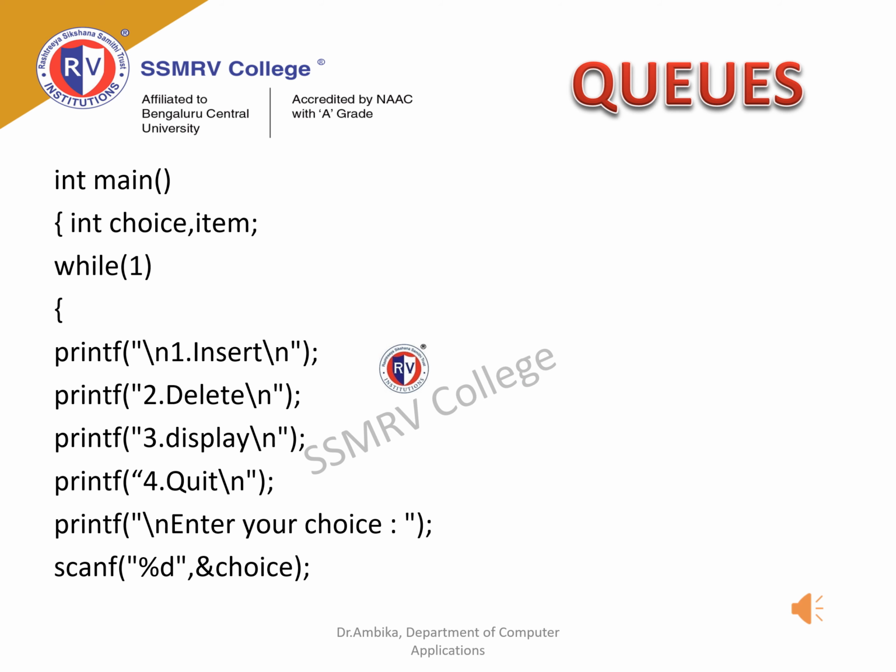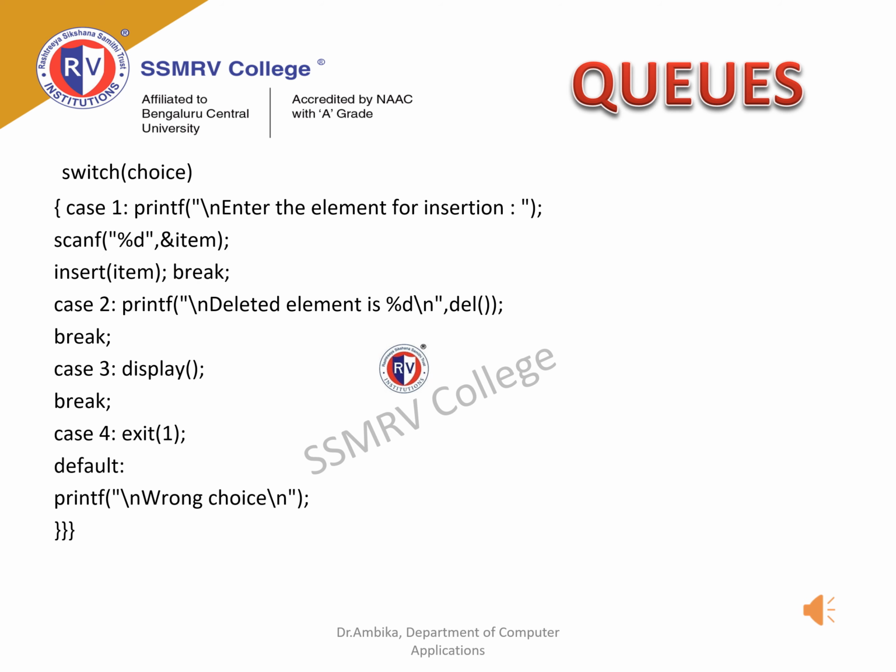In the main function, the operations to be performed are listed. The user is prompted to make his choice. The value entered by the user is stored in choice variable. Choice is sent as a parameter to the switch statement. Based on the user input, the respective function is executed. If the user's choice is more than 4, the default statement is displayed.